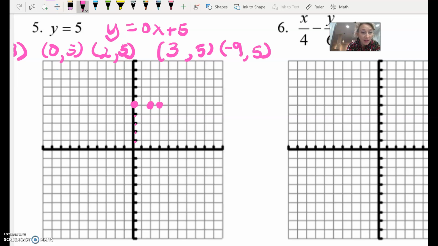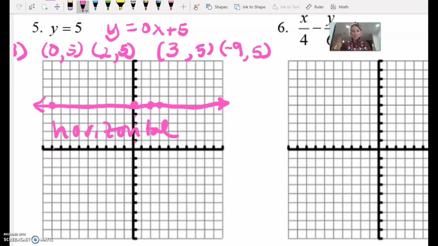Yep. That would be right here. So all of them have a 5 as the y value, so when you draw a line between them, it's this shape, which is called horizontal. And remember, that's the easy slope, horizontal. That's the nice, easy walking sidewalk with no slope or a 0 slope.